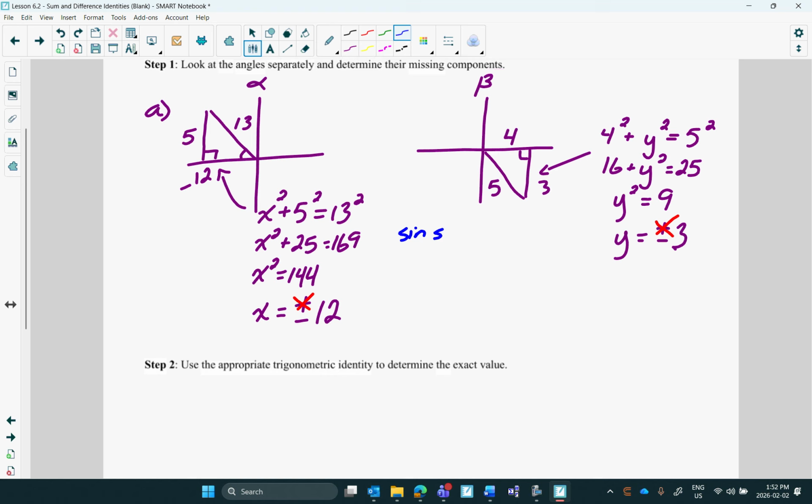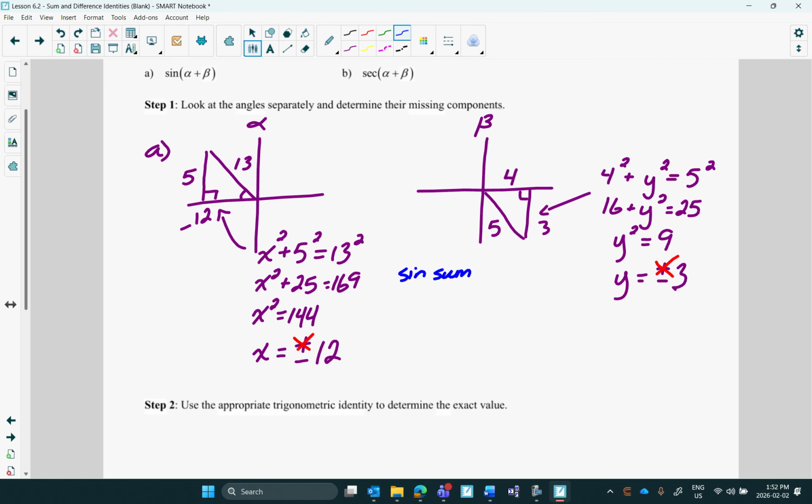What do I got to do with it? It's going to be sine cos plus cosine sine. Sine cos plus cosine sine. Look at your formula.